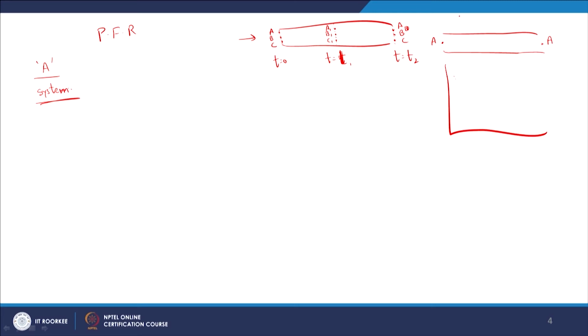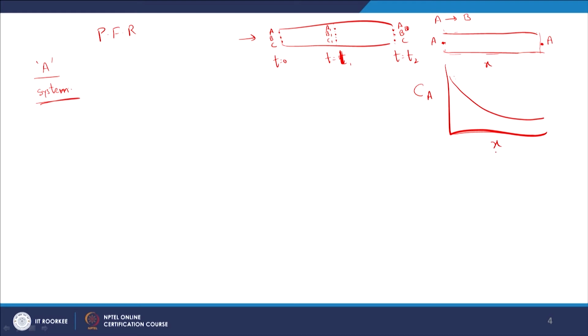Let us say A is decaying to B, so A is being lost during the course of travel from this point to this point. What is happening to concentration? It is decreasing. Here, with concentration of A on the y axis, what is it changing with? Is it changing with x or time? It is not changing with time, it is changing with distance, right?